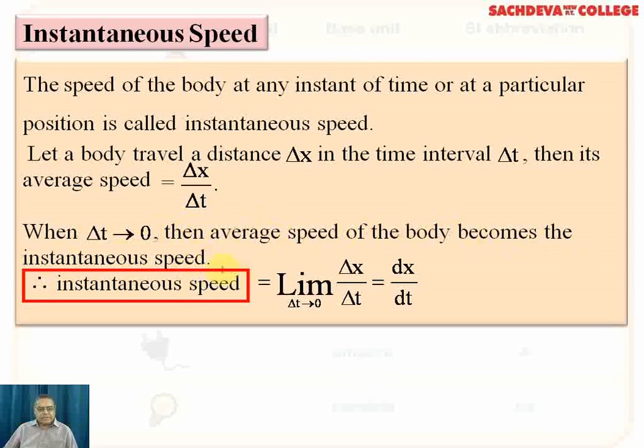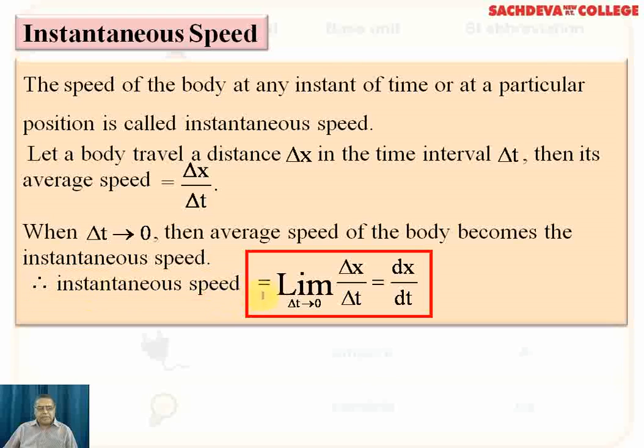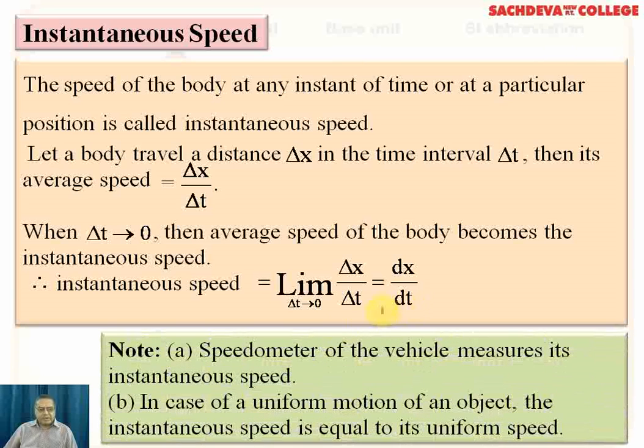So we can write instantaneous speed as limit delta t approaching 0 of delta x over delta t, equal to dx over dt. dx over dt means the derivative of x with respect to time, or the derivative of distance with respect to time, and that will be the instantaneous speed.